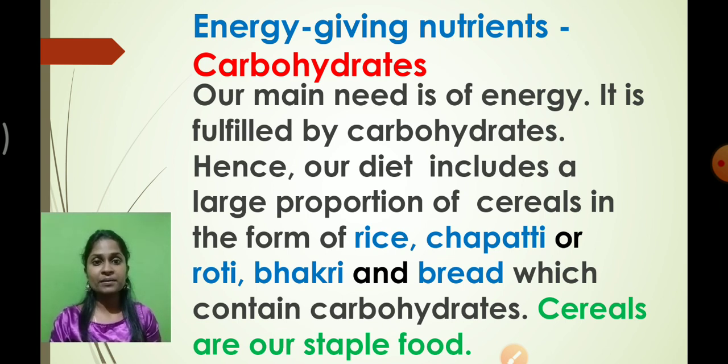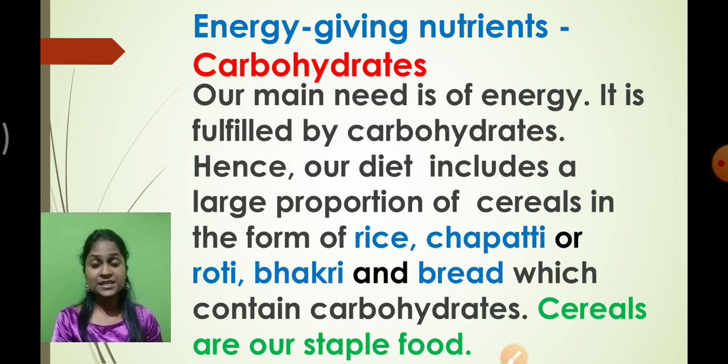Always remember that the maximum energy giving nutrient is carbohydrate. Who gives us energy? Carbohydrate. From where do we get carbohydrate, students? Rice, chapati, roti, bread, even the potato which we consume. So it gives us energy.